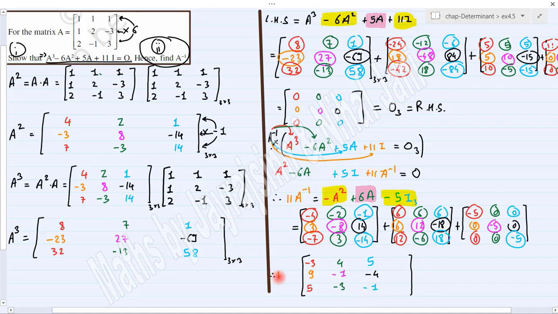So here we get 11A inverse. So we can say your A inverse is nothing but 1 upon 11 into this matrix. So we complete our second part also.